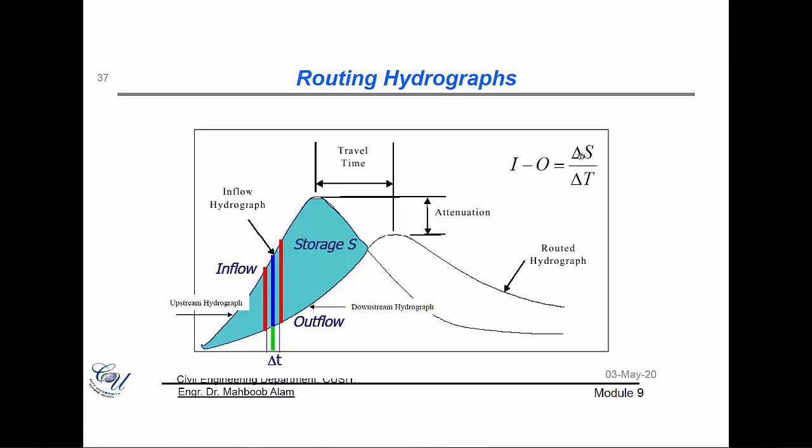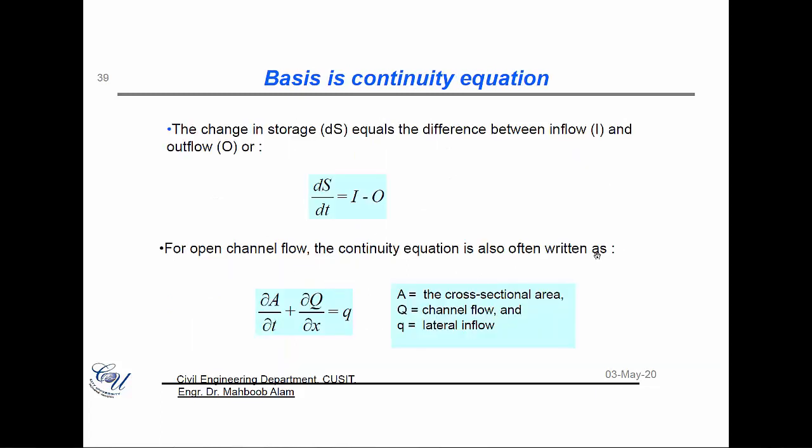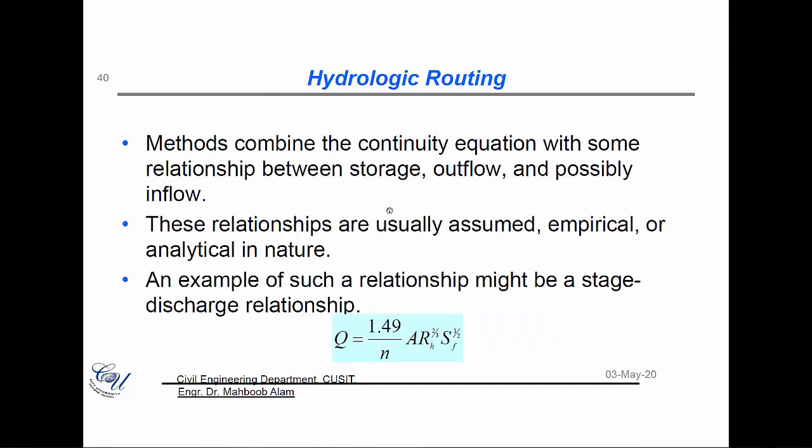This equation is basically the continuity equation. Change in storage with respect to time is equal to inflow minus outflow. Fine, we have looked into it so many times, so no need to look into it now. So change in storage is basically the difference between inflow and outflow, and this continuity equation would be used in our formulas.